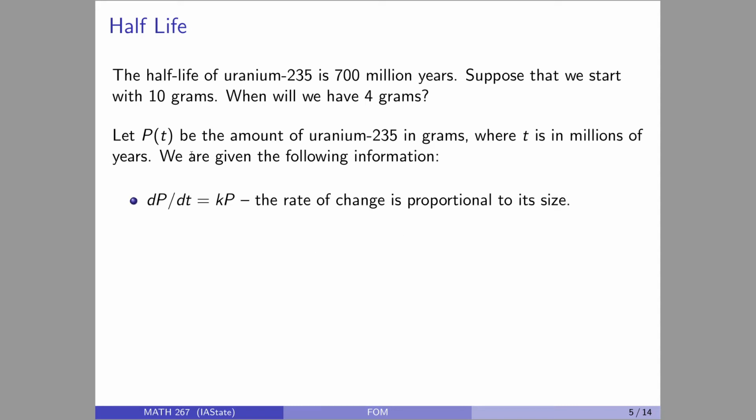So first of all, we're told that the rate of change is proportional to its size. It's half-life, the amount of time it takes for half of it to vanish into the ether. It's not what it really does, but all right, it's changing at a rate proportional to its size. So we know that dP/dt has to be some proportionality constant times P.